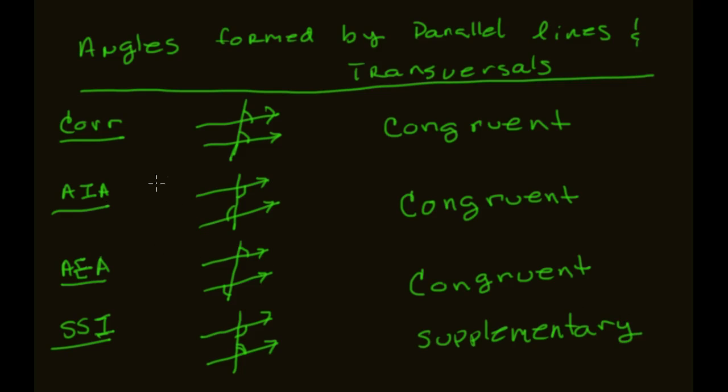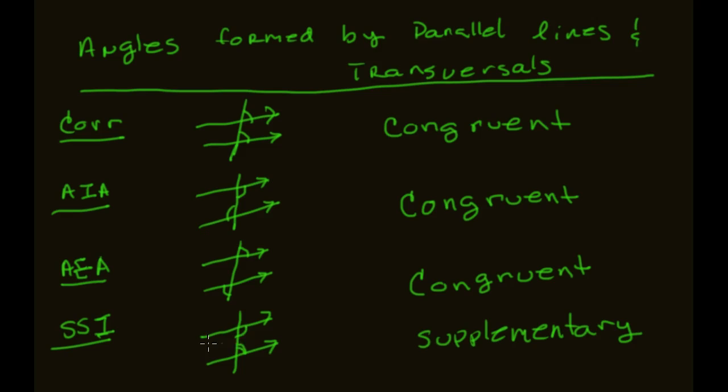Okay, so we have a thing called the corresponding angles postulate that says if the lines are parallel, the corresponding angles are congruent. An alternate interior angles theorem that says that if the lines are parallel, then the alternate interior angles are congruent. An alternate exterior angles theorem that says if the lines are parallel, the alternate exterior angles are congruent.